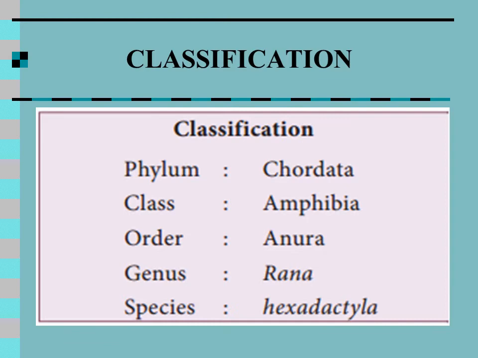Then the order Anura, as we said already. Then the genus is Rana and the species is hexadactyla. Hexa means 6, so it has 6 digits in the leg. That's why it is known as hexadactyla. So the scientific name of this frog is Rana hexadactyla.